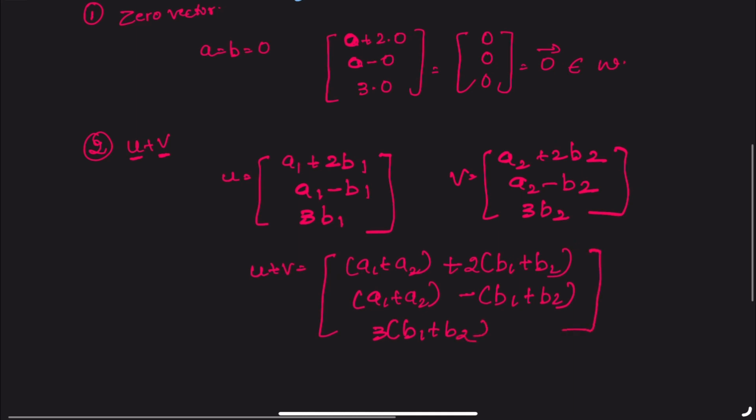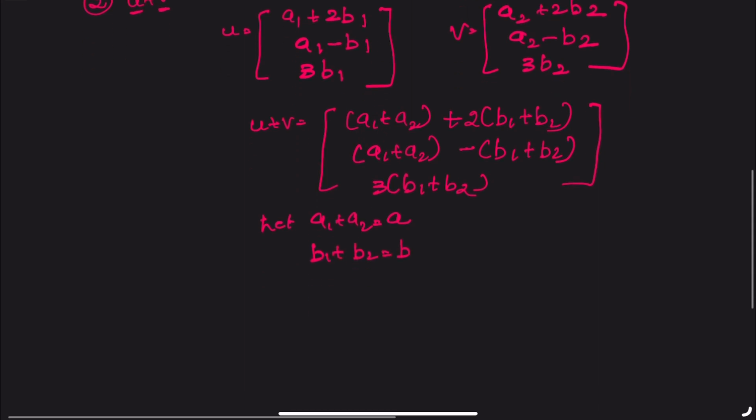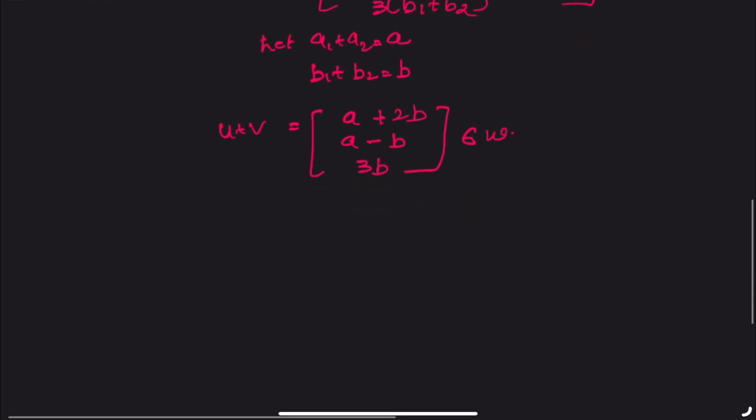Now let a1 plus a2 be equal to a and b1 plus b2 be equal to b. Substituting back, u plus v is (a plus 2b, a minus b, 3b). I got the same form of vector, so it belongs to W.